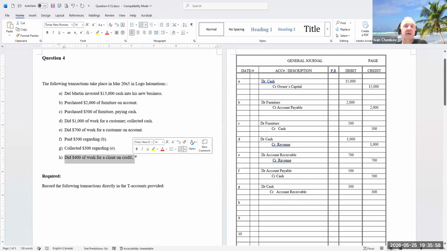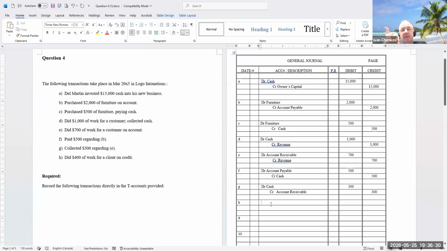Letter H, has this happened before? Have we worked for the customer and the customer didn't pay us? Yes, in letter E. So one option is to think what happened, the other option is to look at letter E and repeat whatever happened in letter E.